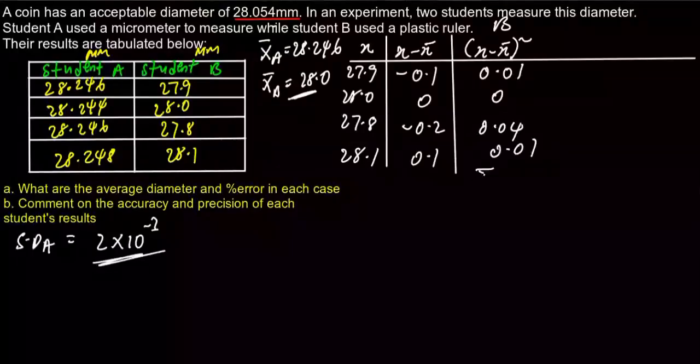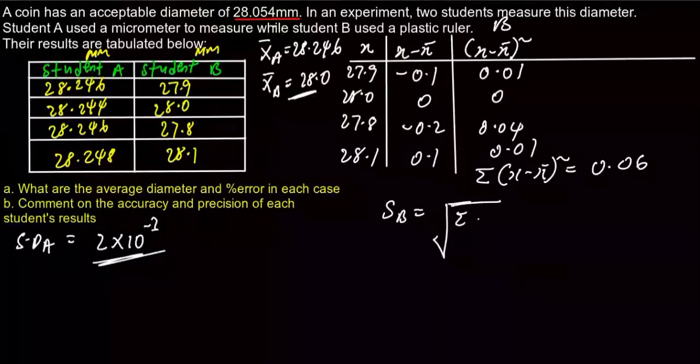So what's my summation of x minus x bar squared? If I add everything together, that gives me 0.06. This is what I have. So the standard deviation of B is the square root of summation x minus x bar squared all over n minus 1.